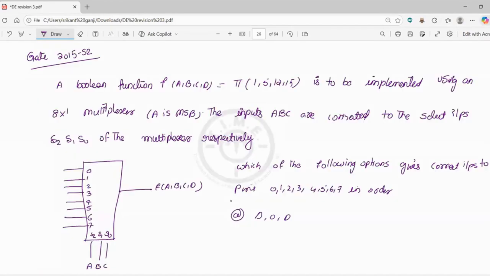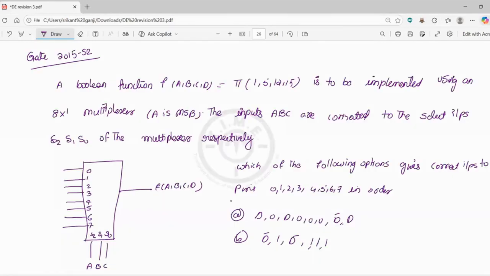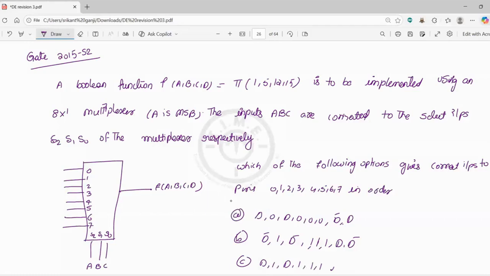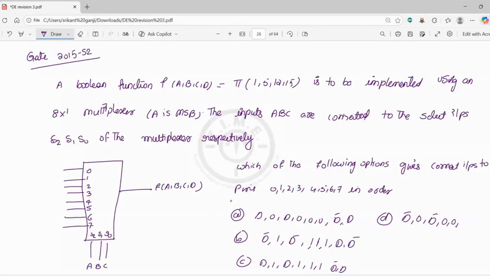Option A: D, 0, D, 0, 0, 0, D bar, D. Option B: D bar, 1, D bar, 1, 1, 1, D, D bar. Option C: D, 1, D, 1, 1, 1, D bar, D. Option D: D bar, 0, D bar, 0, 0, 0, D, D bar. Do it and tell me.